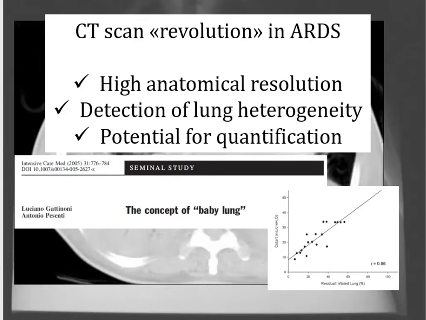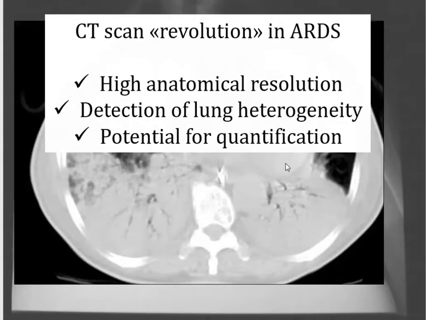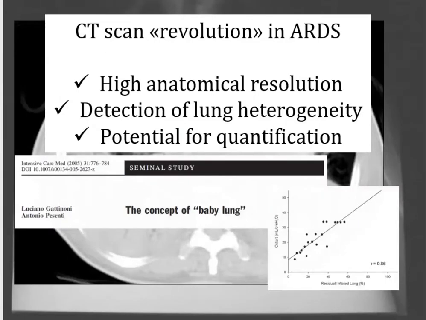It is able to detect heterogeneity, so as opposed to one plateau pressure number, one driving pressure, one arterial blood gas, it can really give us the feeling that the lung is different, and anything we do with our mechanical ventilation will reflect differently according to the level of aeration of the lung. This is in general the advantage of the imaging technique, and it also allows quantification of the abnormalities which we see on the lungs.